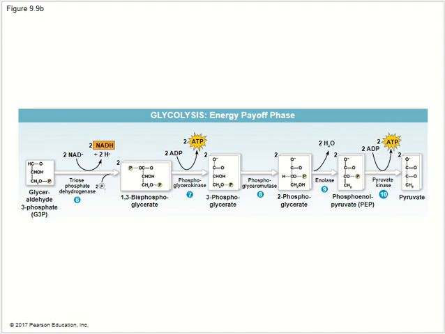But continuing forward, phosphoglyceromutase mutates or rearranges the molecule a bit to 2-phosphoglycerate, and then enolase works on the molecule to form phosphoenolpyruvate.